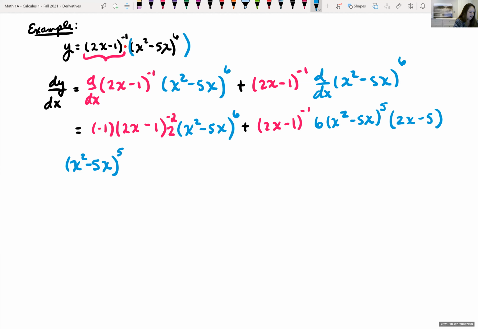I'm just going to look at my coefficients really quickly. I have a coefficient of -2 for the first one that's outside of the parentheses, and for the second grouping I have this 6. Looking at what 6 and 2 have in common, I can pull out a 2.